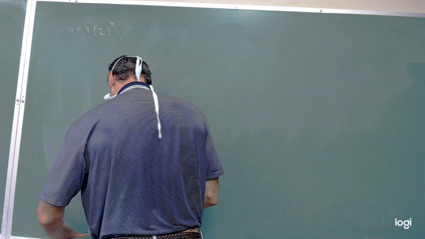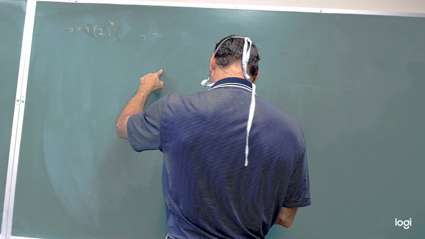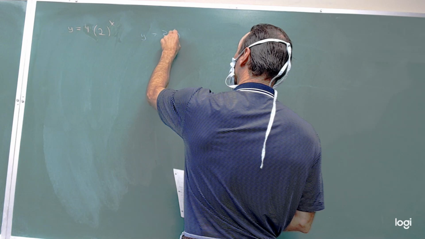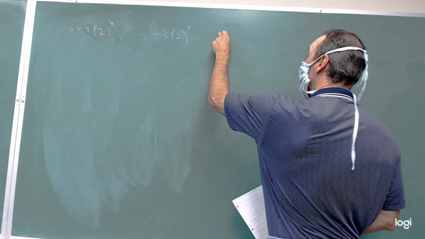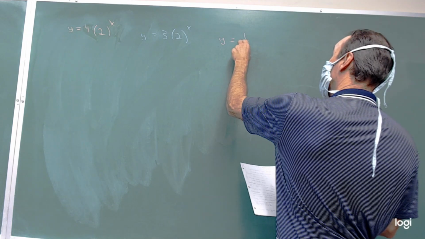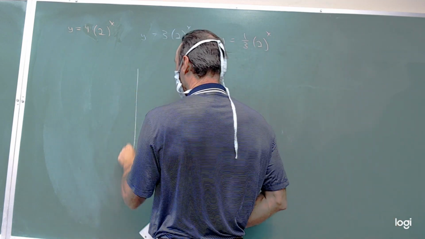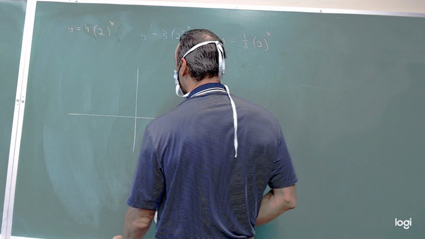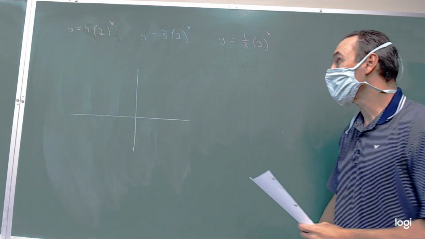And then we'll do y equals, let's say, 3 times 2 to the x, we'll do in the blue. And then we'll do y equals 1/3 times 2 to the x in the pink. So we're going to see here what the different a values do to the graph. And this is maybe a little more subtle, I don't know.